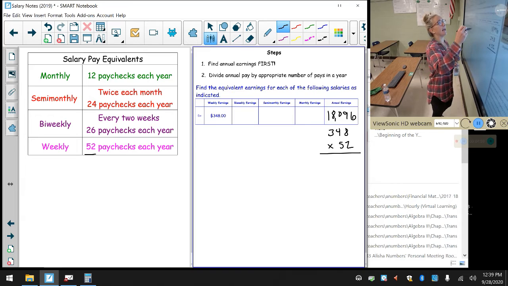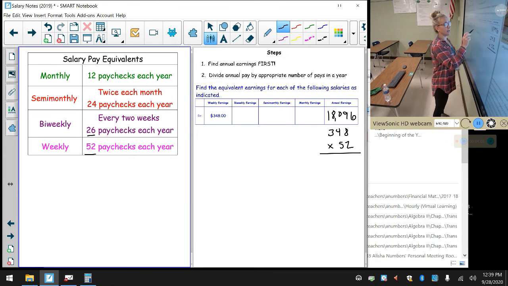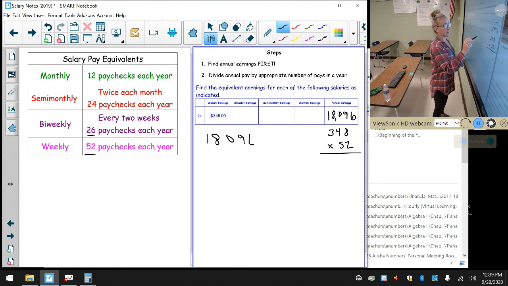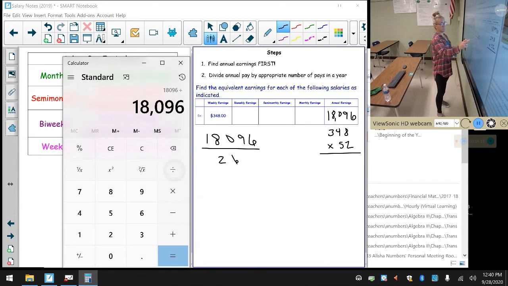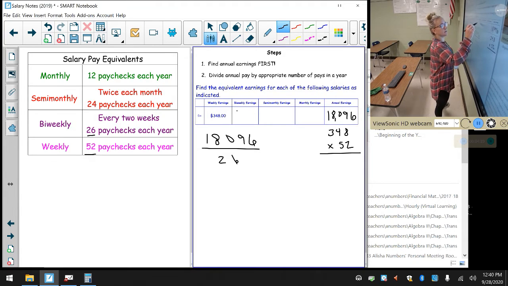So I'm going to take 18,096, and for bi-weekly, I look over here. I get 26 pays a year, so 18,096 divided by 26 is $696.